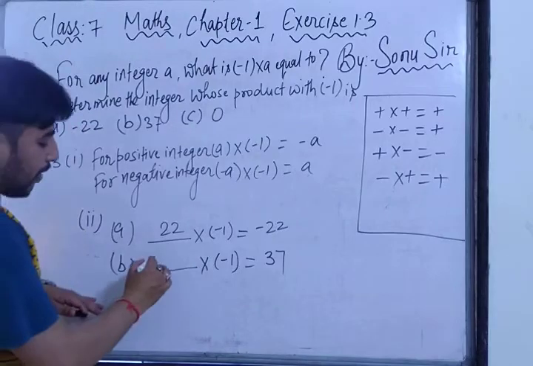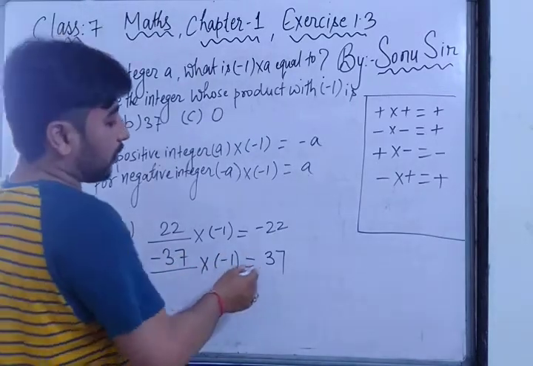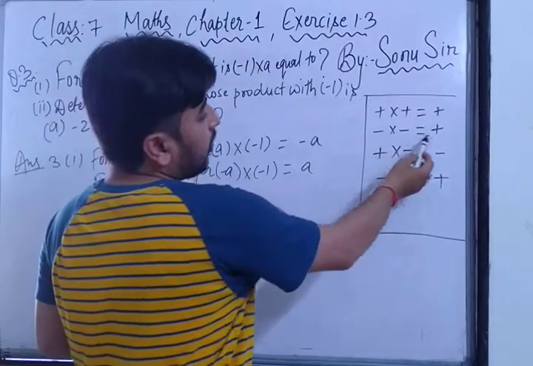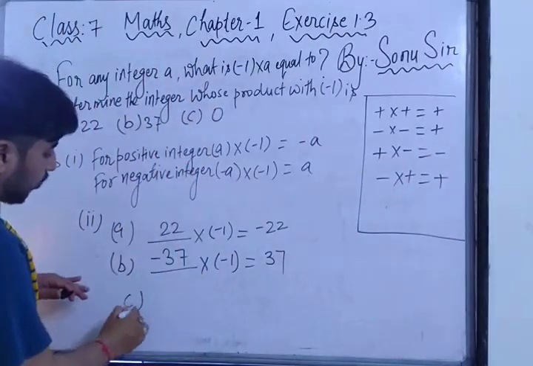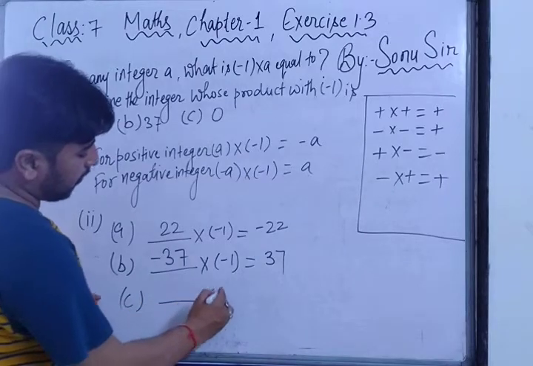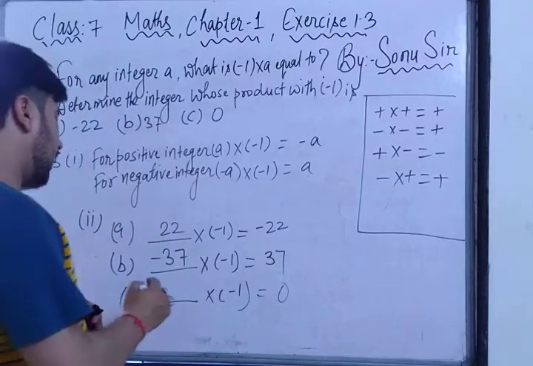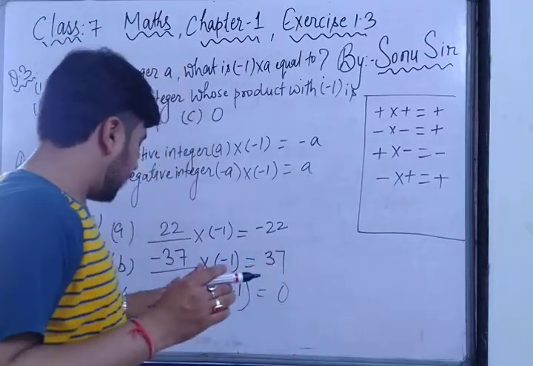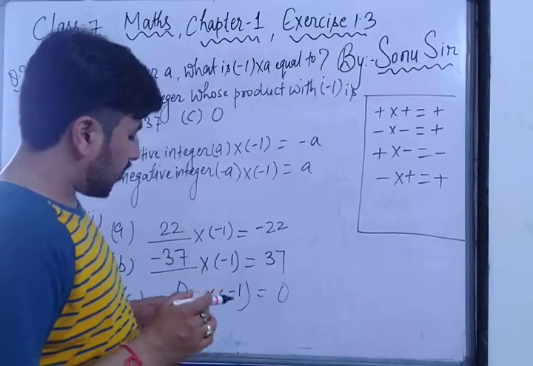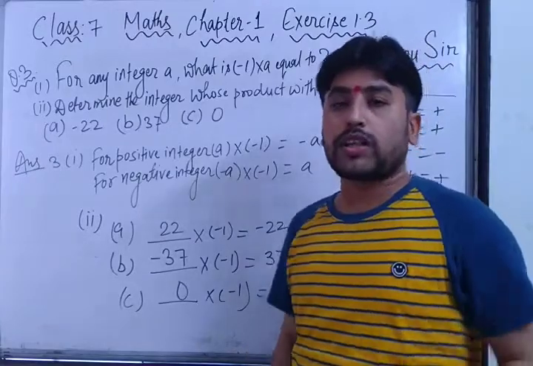If we multiply minus 37 into minus 1, the result will be plus 37, because minus into minus is equal to plus. The third one is 0. Which integer multiplied by minus 1 gives 0? Any number, positive or negative, if it is multiplied by 0, the product will be 0.